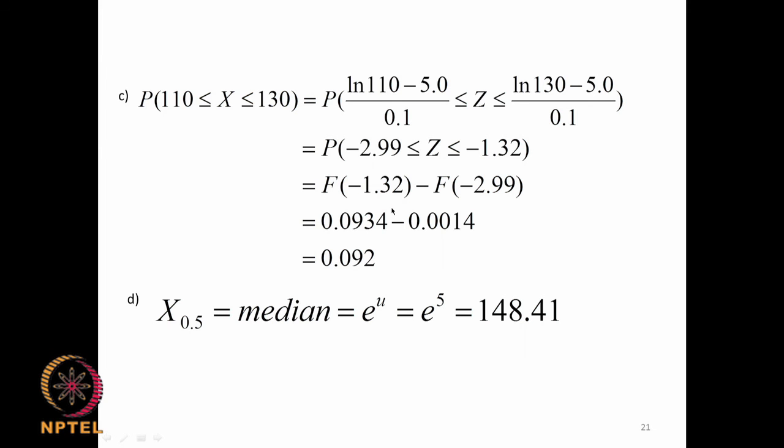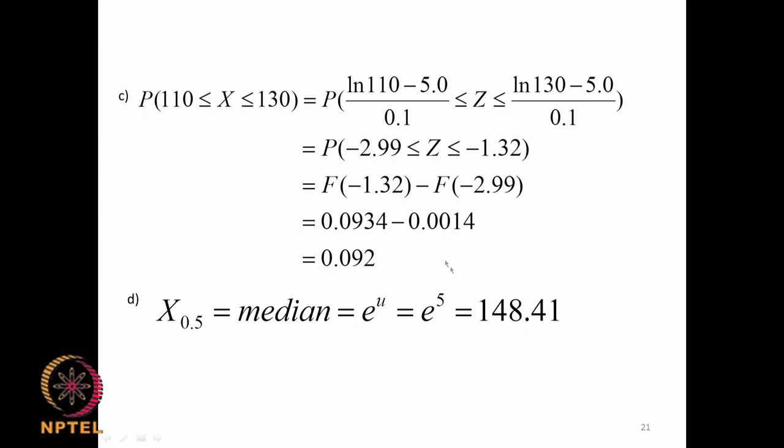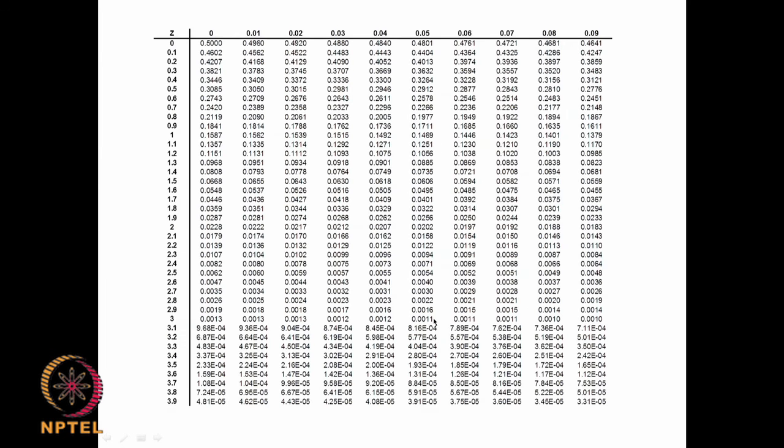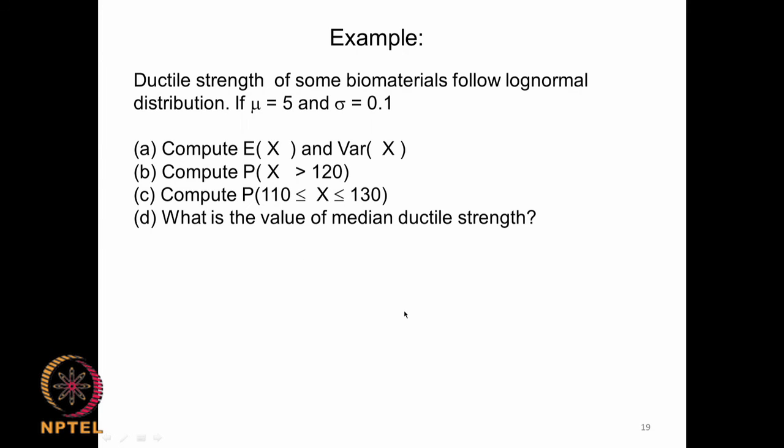So go to our z table, 2.99 is 0.0014, and 1.32 is 0.0934. So we subtract, and we end up with 0.092. So the probability of x being between 110 and 130 is 0.092.